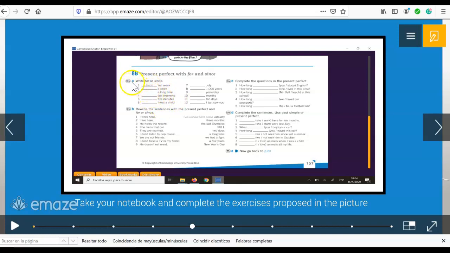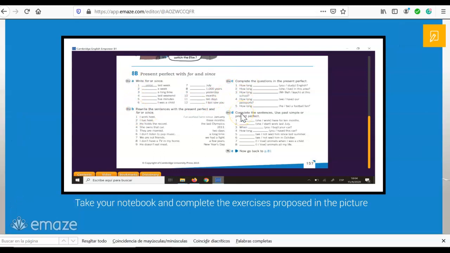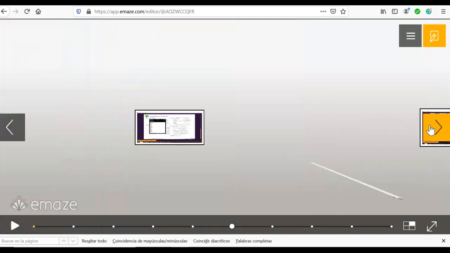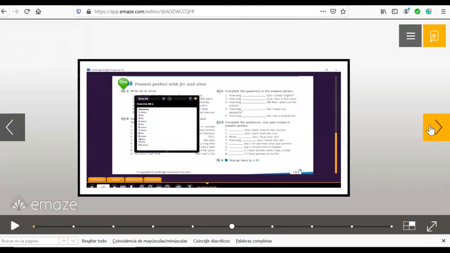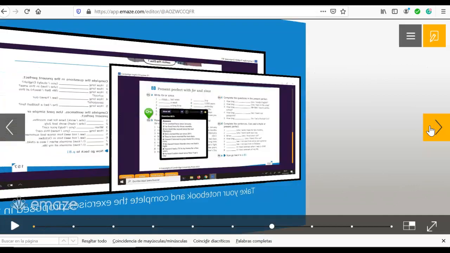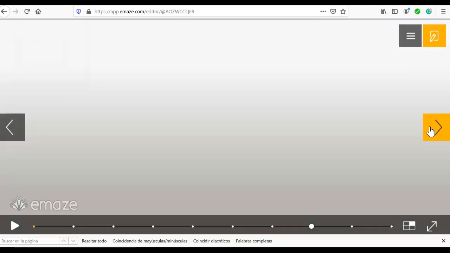Try to do letter A, B, C, and D. This is a practice. After you finish your practice, you have the answers on your notebook, so don't worry about that.